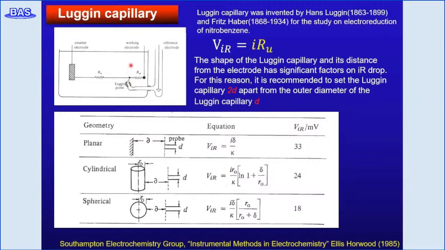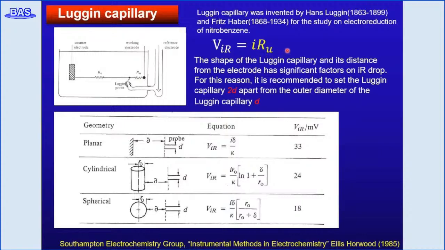Therefore, the actual potential across the interface is in error by the amount of iR, where R is the resistance of the solution between the electrode and the reference Luggin tip.